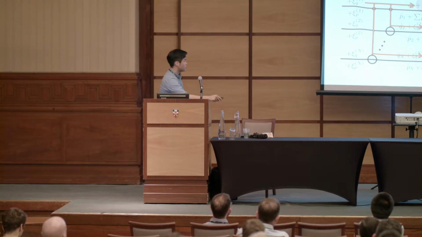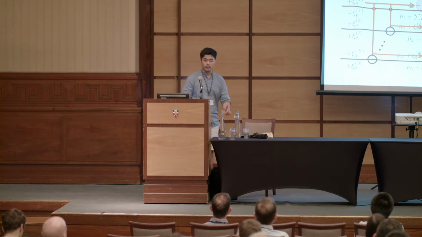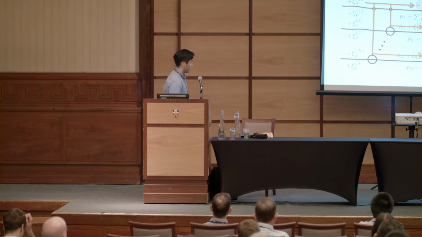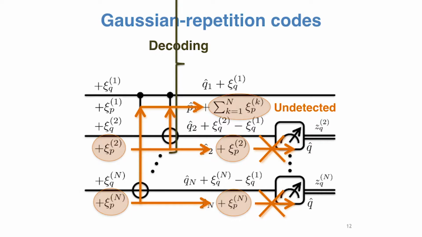So based on this information, we can infer what the position noise would have been, and then based on that, we can reduce the noise. So that's the part that actually works here, and that's what we want to preserve later. Now, the bad part is we also have to consider, say, momentum error, which is kind of like Z error in the qubit.